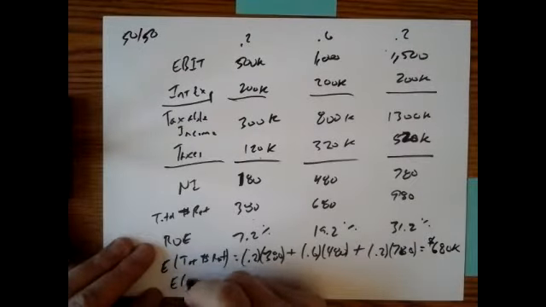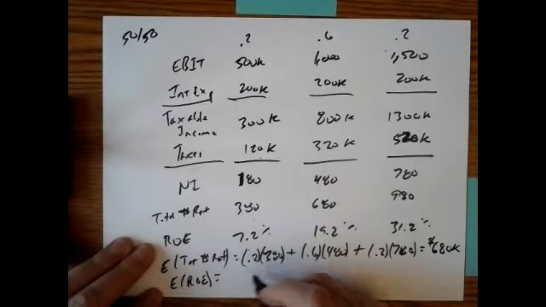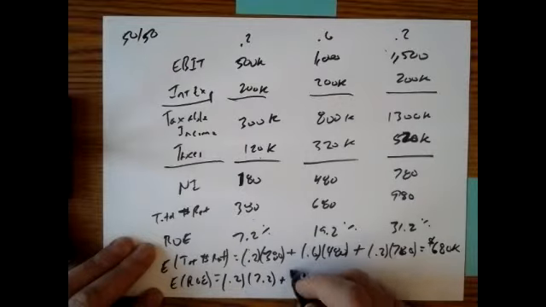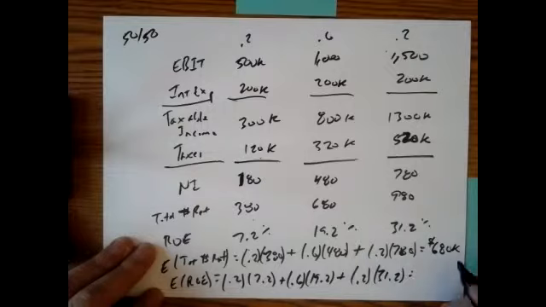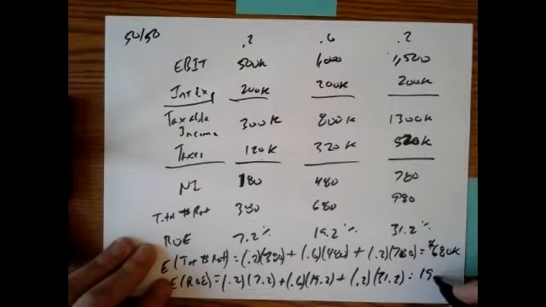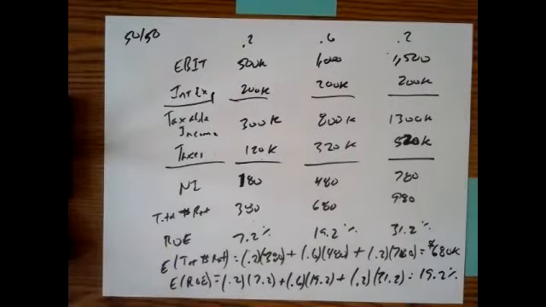And then the expected ROE would be 0.2 times 7.2 plus 0.6 times 19.2 plus 0.2 times 31.2, which gives us 19.2%. So that's the expected ROE.